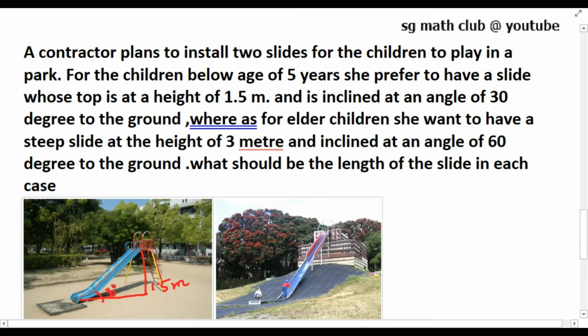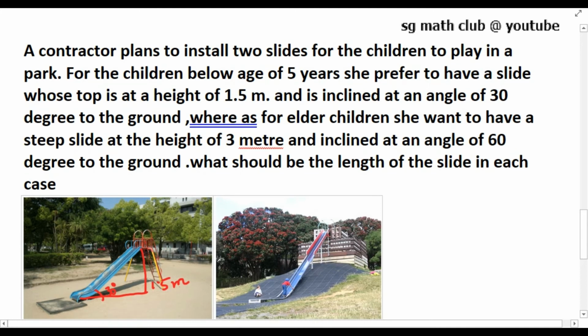But for elder children, she wants to have a steep slide at a height of 3 meters, inclined at an angle of 60 degree to the ground. So what should be the length of slide?